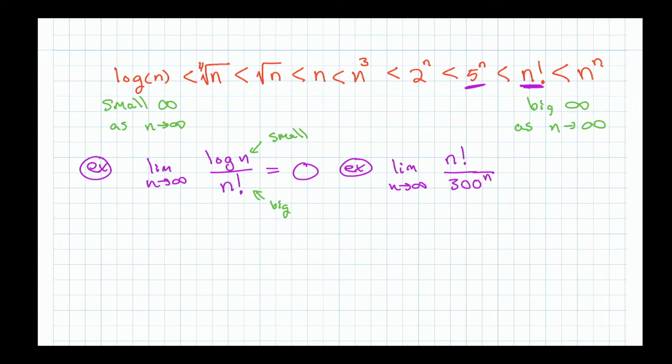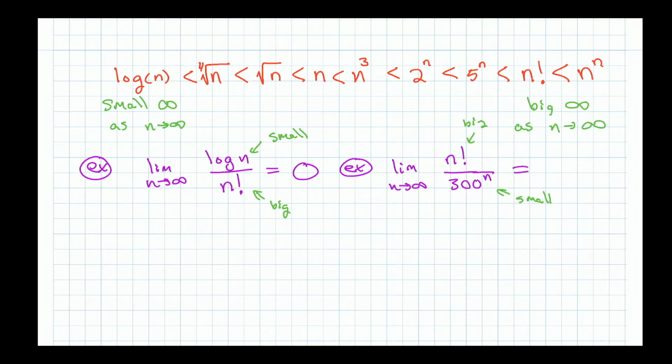The factorial is bigger. It doesn't matter what the number is on the exponential. So again, you're just going to say, that one's big, that one's small. It's small compared to the factorial. It's big compared to a lot of other things.